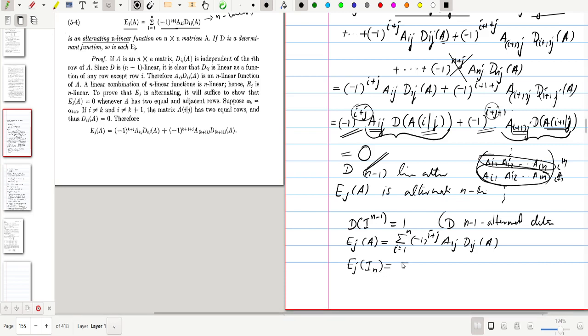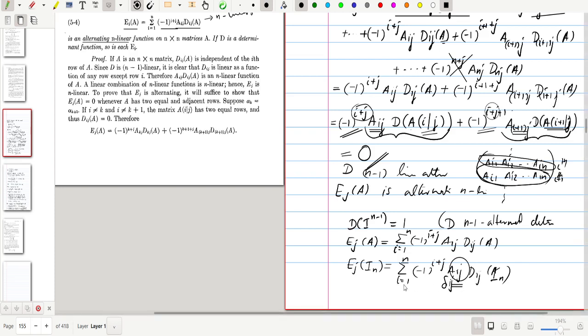By definition this is the summation i equals 1 to n of (-1) to the power i+j Aij Dij of In. But we know that Aij is the ijth entry of In. The ijth entry of In is delta ij, so you can replace this quantity by delta ij.